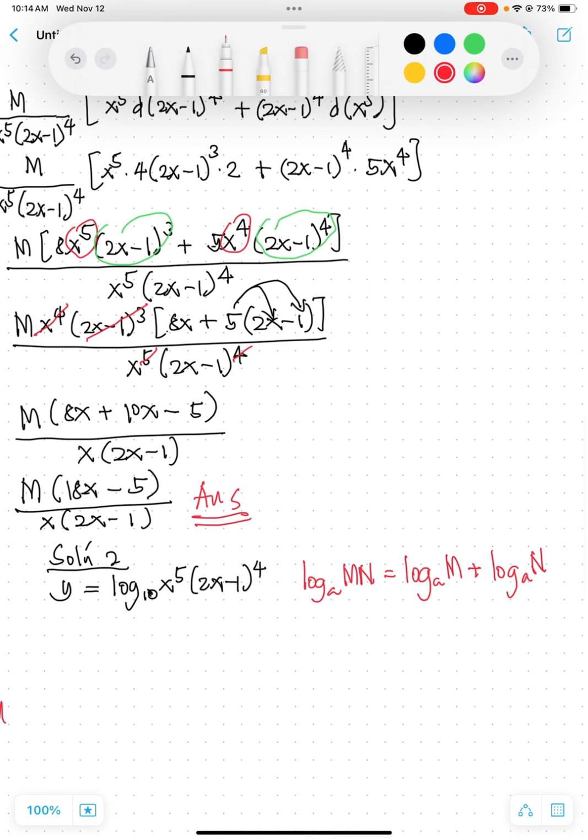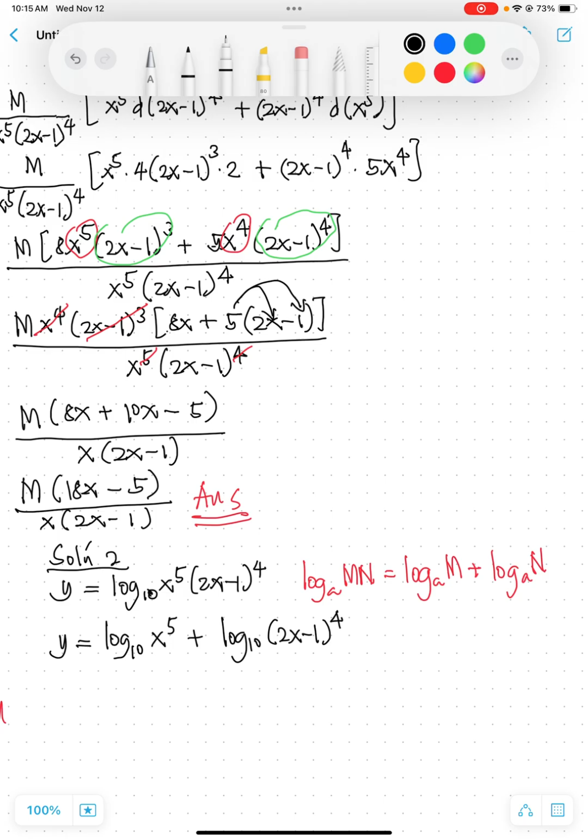Applying this rule to our given, then y is also equal to log to the base 10 of x raised to 5 plus log to the base 10 of 2x minus 1 raised to 4.